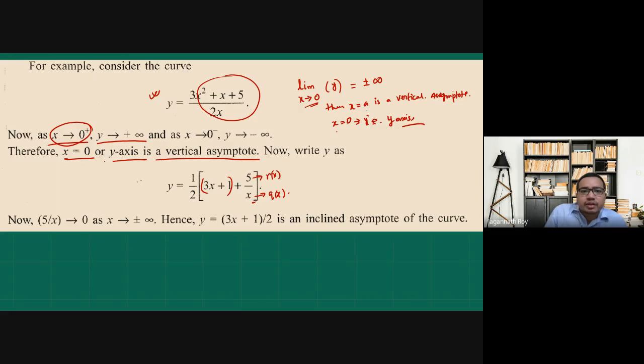So as we allow x tends to infinity, this whole term will go to 0. So y equals 3x plus 1 by 2 will become the inclined asymptote to the curve.